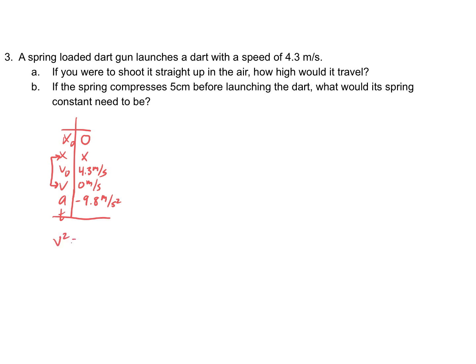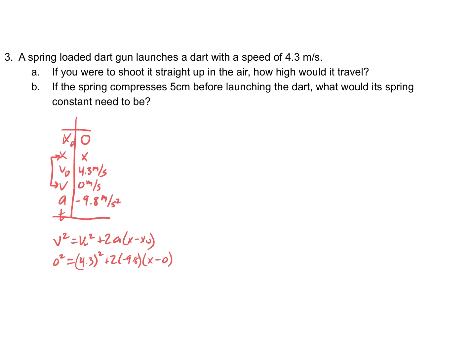We're going to go v squared equals v naught squared plus 2 times a times x minus x naught. And we throw those numbers in. So we're going to have 0 squared equals v naught, which is 4.3 squared, plus 2 times negative 9.8 times x minus 0.